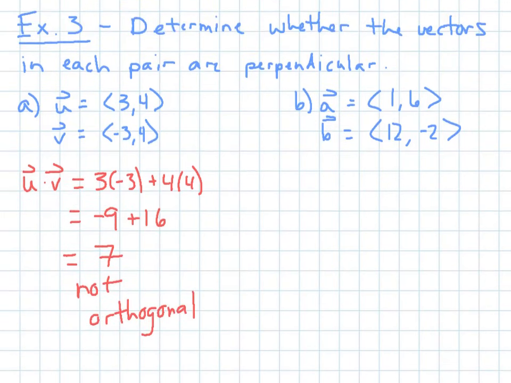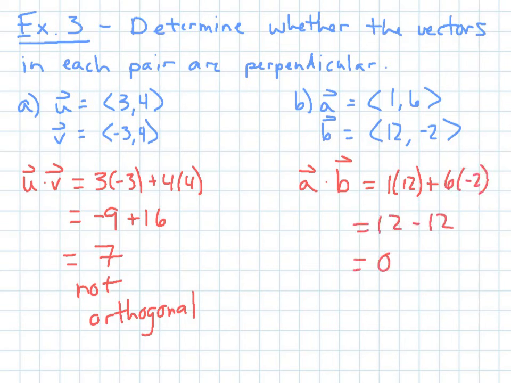Let's look at the other one. The dot product of v and b: 1 times 12 plus 6 times negative 2. So I get 12 minus 12, that's 0. So this one is orthogonal.